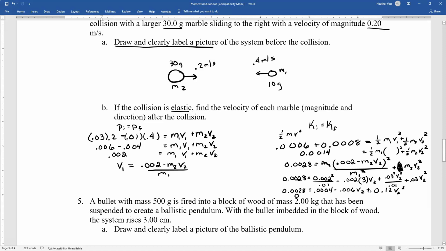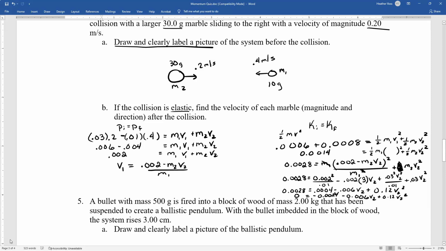We get that 0 is equal to negative 0.0024, minus 0.006 V2, plus 0.12 V2 squared.